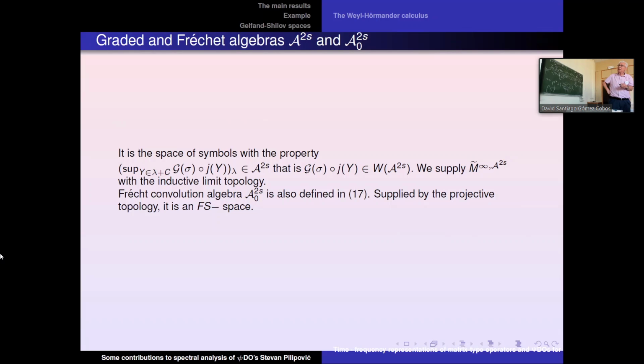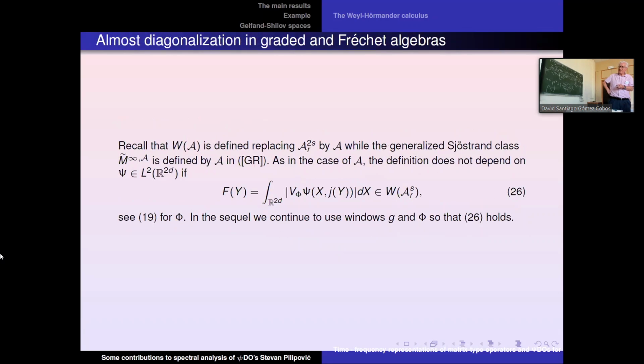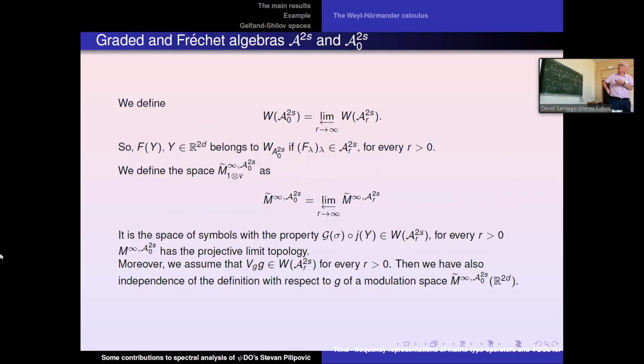And so I call it graded algebra, this A to S. And Fréchet algebra is obtained by this. Probably this is on the next slide, not on the previous. Yes, this is here when R tends to infinity of these kind of spaces.